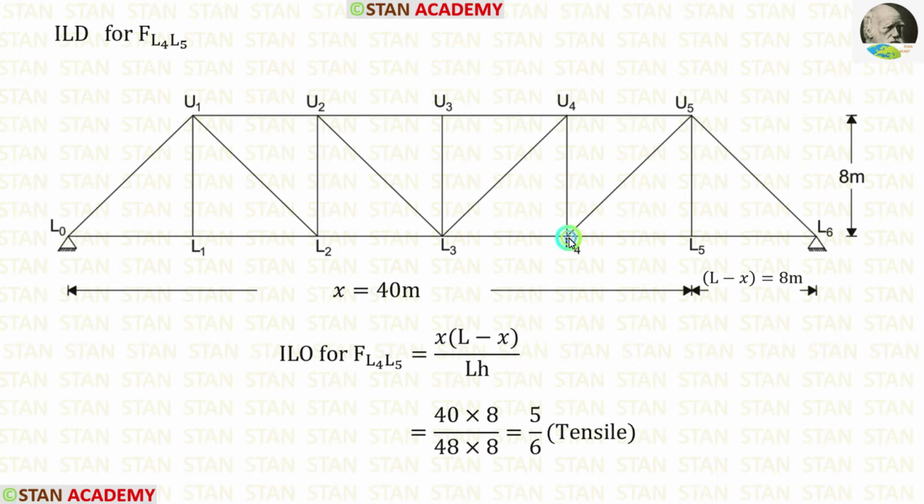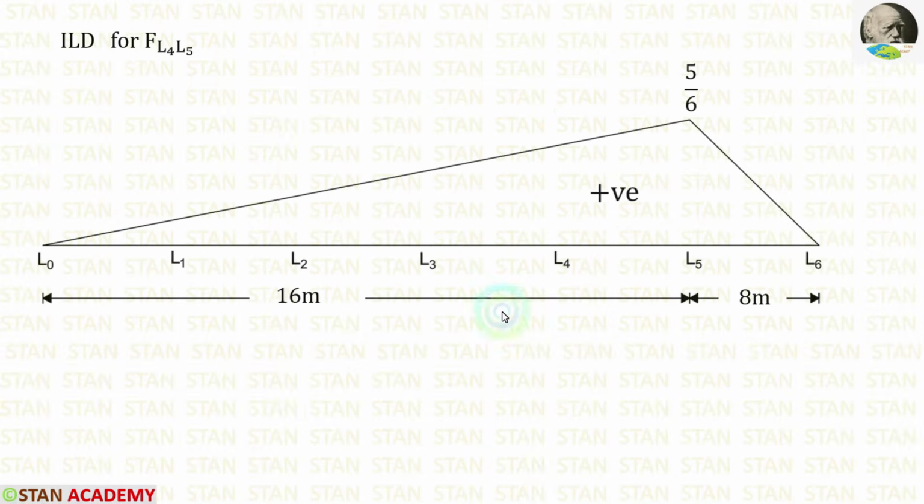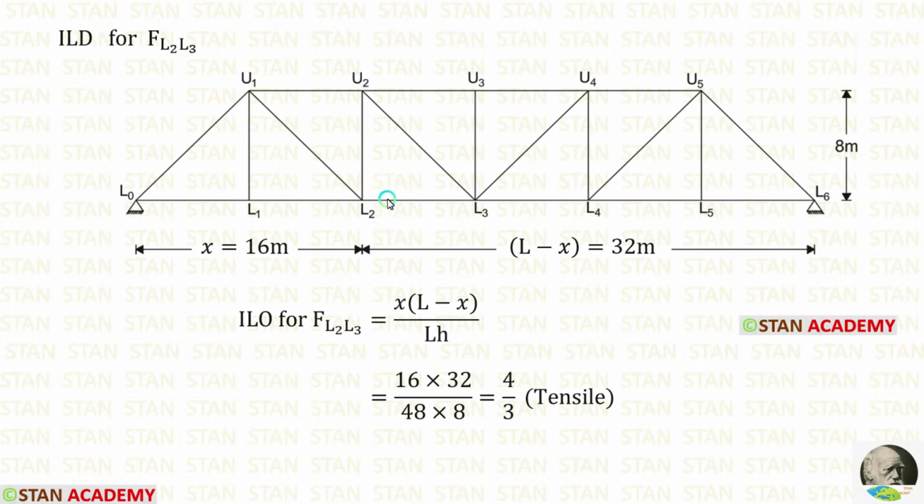Now let us make ILD for the force L4, L5. L4 and L5 are meeting in the point U5. So we have to make the ordinate in the point L5. Here you can see the ILD.